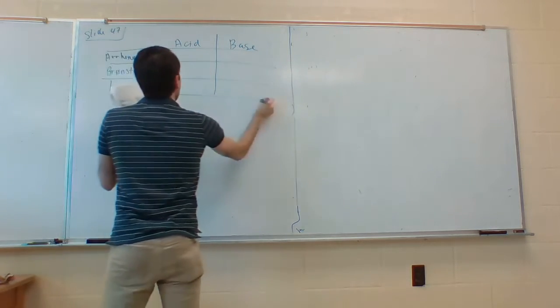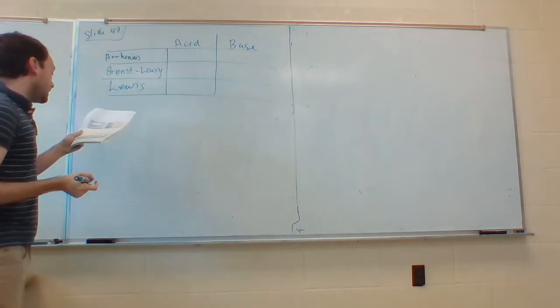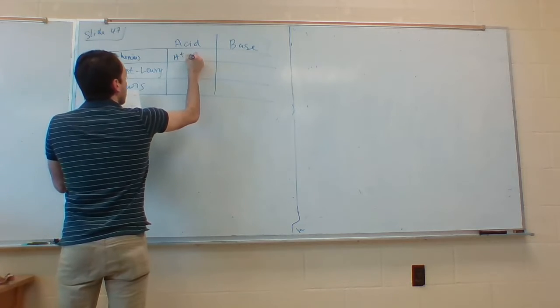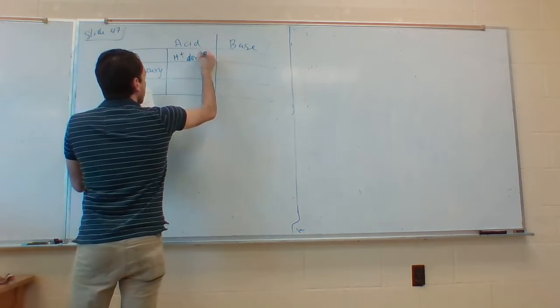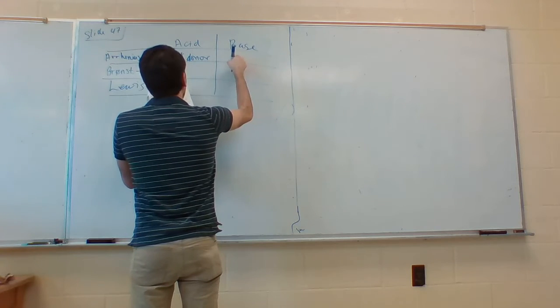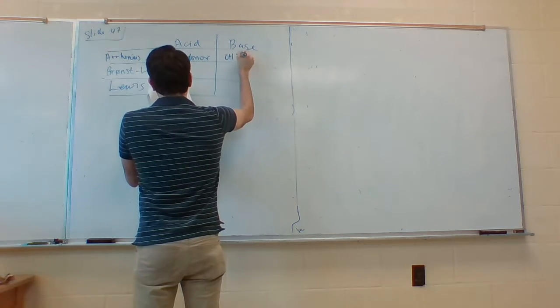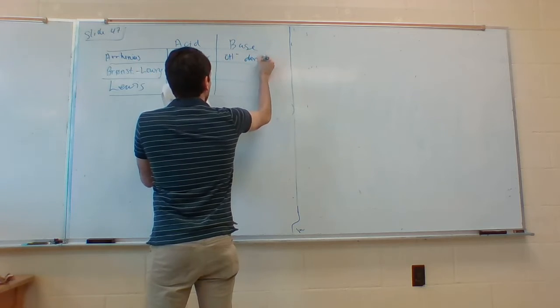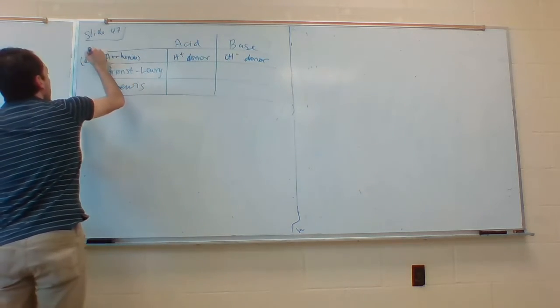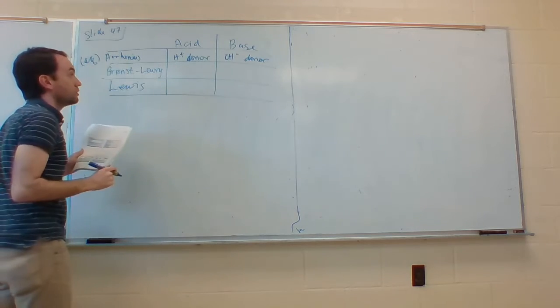Now, your Arrhenius acid is going to be a proton donor. Arrhenius is also going to be, for a base, an OH donor. But remember, this has to be in aqueous solutions.